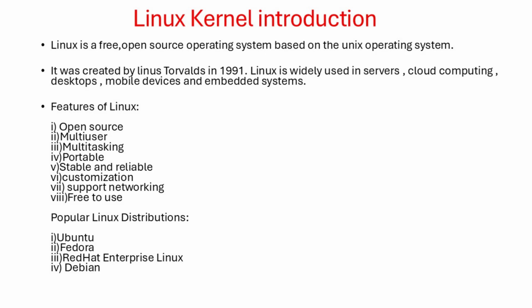You can run this OS continuously for long periods without crashes, making it ideal for servers. The next one is customization. Users can easily customize the kernel, desktop environment and system settings according to their needs.